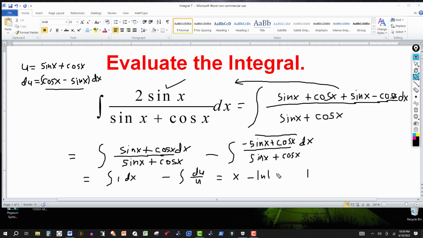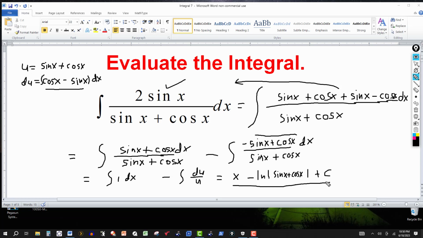But u is sine x plus cosine x, plus your constant of integration. So the final answer is right here: x minus natural log of the absolute value of sine x plus cosine x, plus your constant of integration.